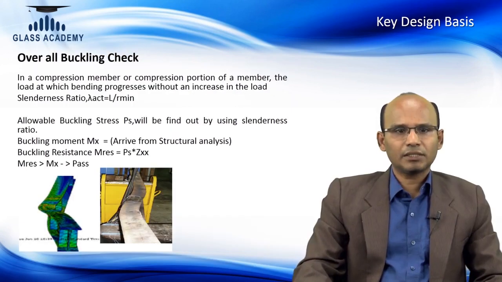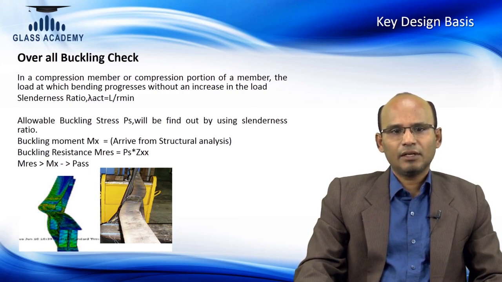Overall buckling check is something similar to the steel design. If you are comparing to an I-beam or open section C channel, it is not a closed section like a hollow section. In this case, it is similar to the steel bending theory, and we have to apply this to the aluminum design. There are checks available based on slenderness ratio.